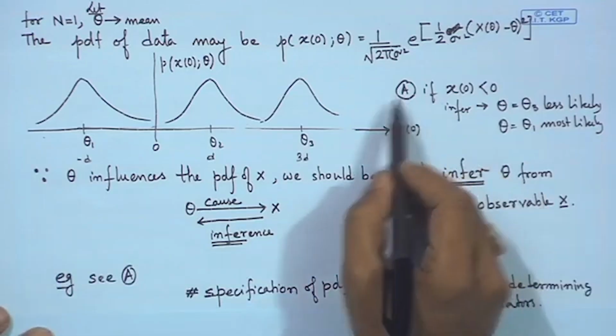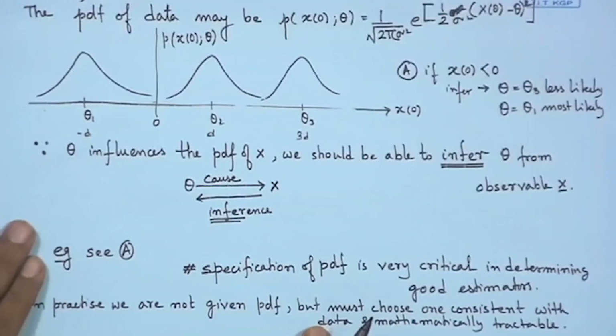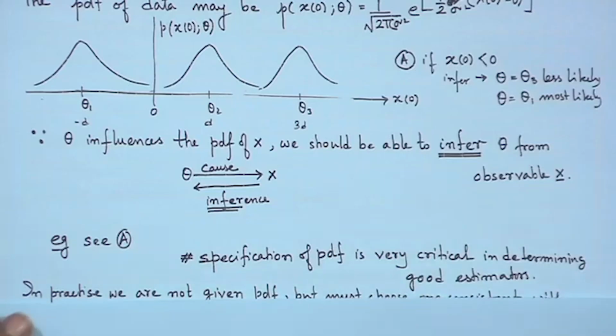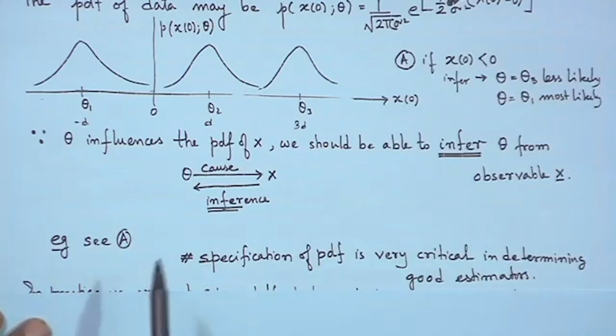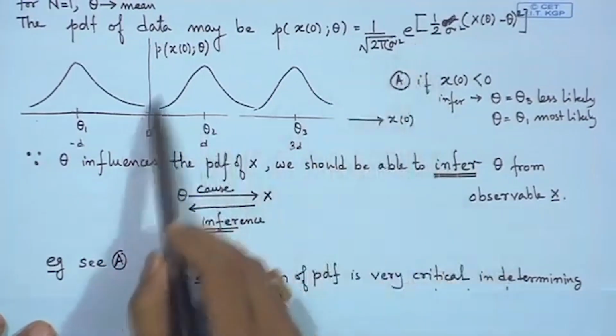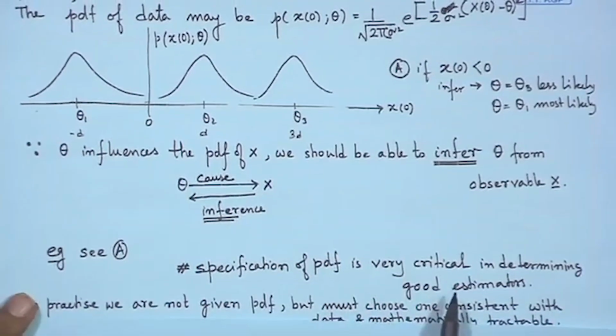So, if we see this picture, we will find that specification of the PDF is very critical in determining a good estimator. That means, if we do not choose the appropriate PDF, or the PDF itself affects the choice of estimation, right.